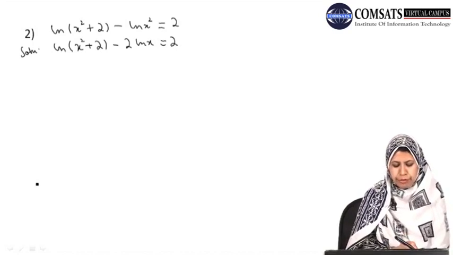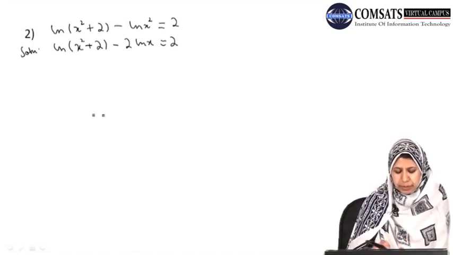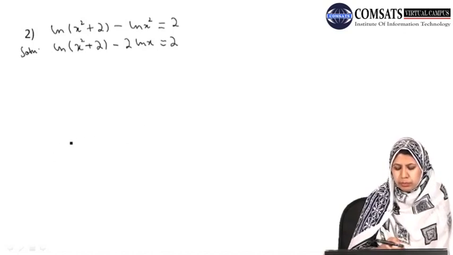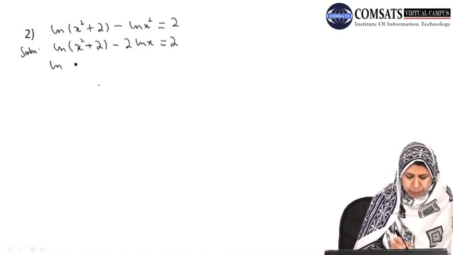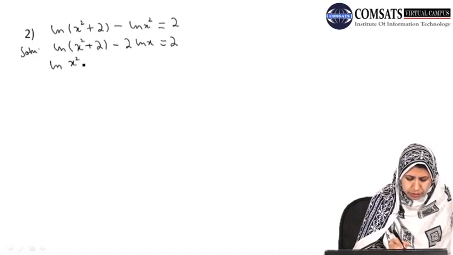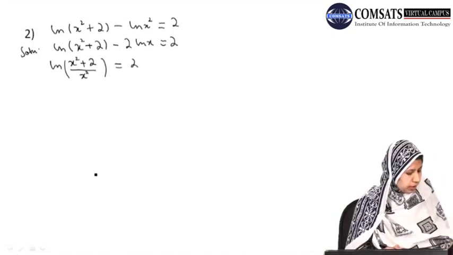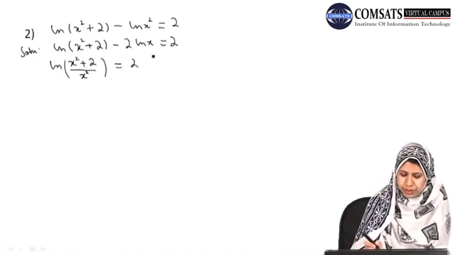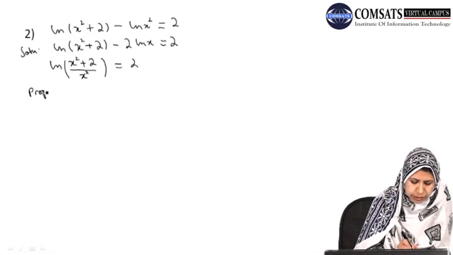Now we have log of a minus log of b with the same base. We can combine both the log terms into log of x square plus 2 divided by x square. Now we will use our property 6, that is taking the exponential on both sides.